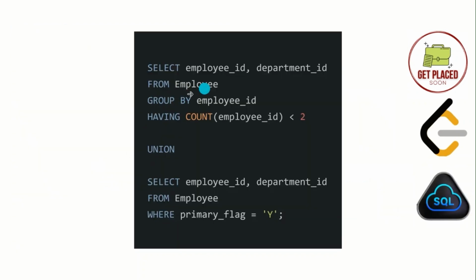And this is the table name. We are grouping by employee ID, having count less than 2. What is count less than 2? Which means 1. So if an employee is working in only one department ID, then no matter what, we will return the result.